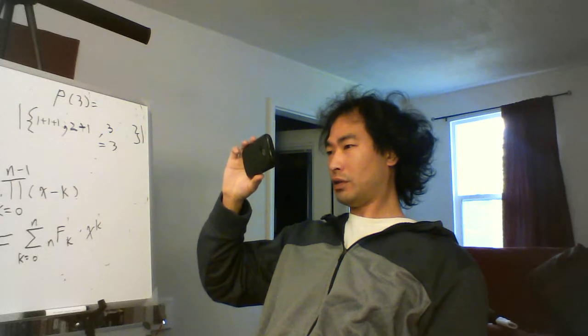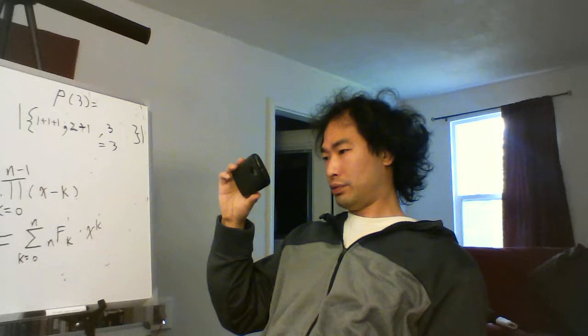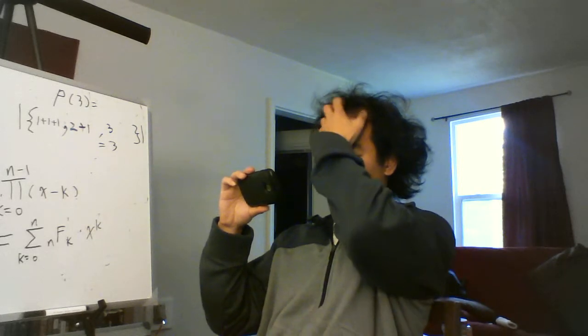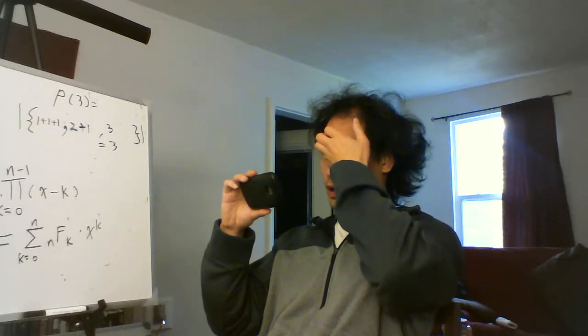Q series. What is a Q series? Pentagonal number. They're using this OEIS, kind of like a sequence database.